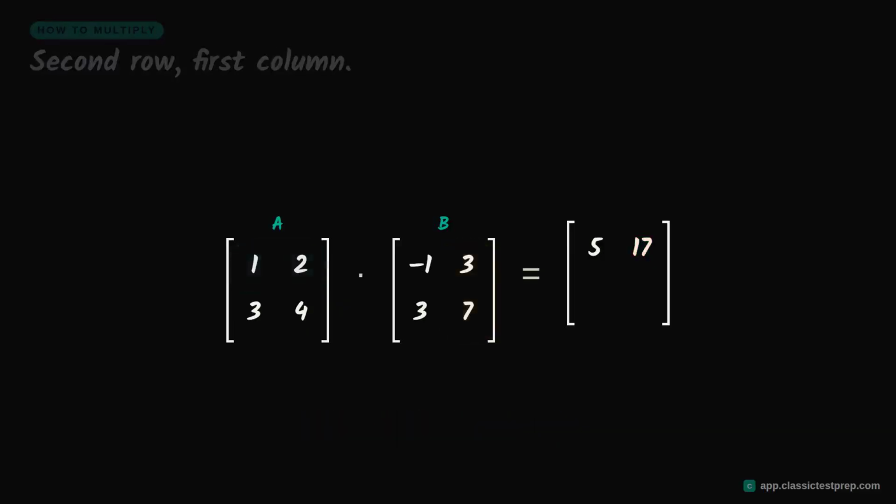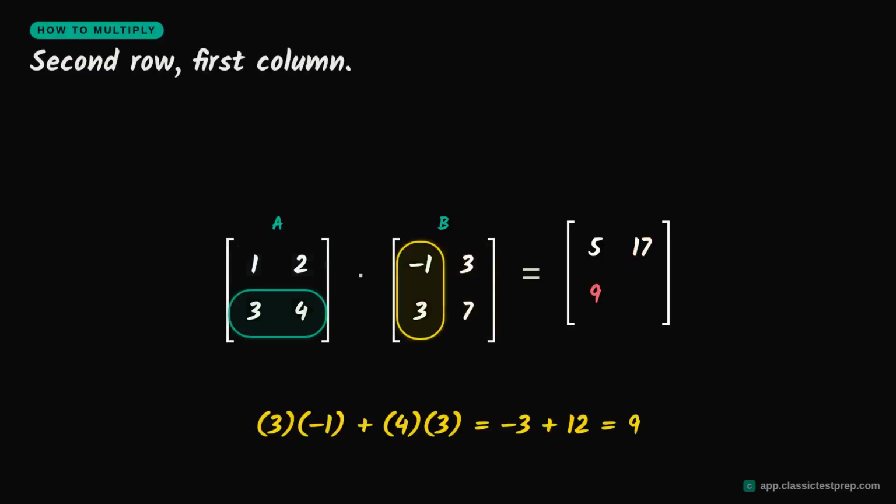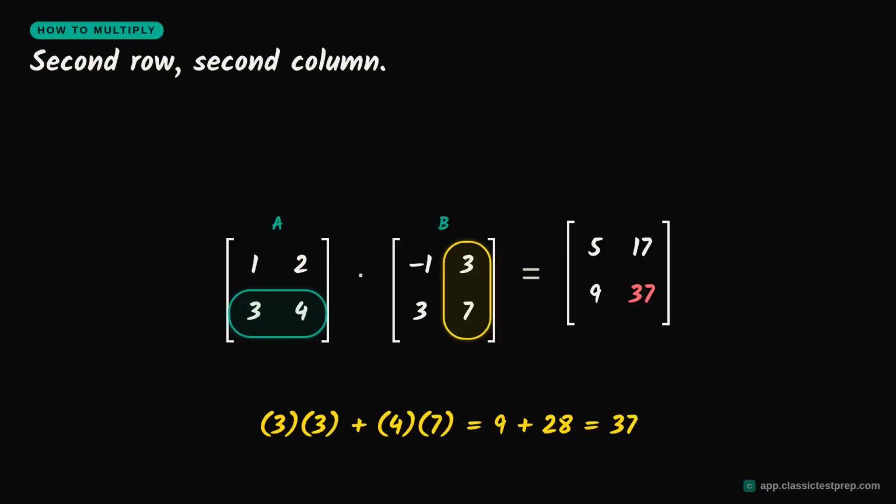Now let's find the second row times the first column. 3 times -1 plus 4 times 3 is -3 plus 12, which is 9. Second row, second column, we have 3 times 3 plus 4 times 7, which gives us 9 plus 28 results in 37.